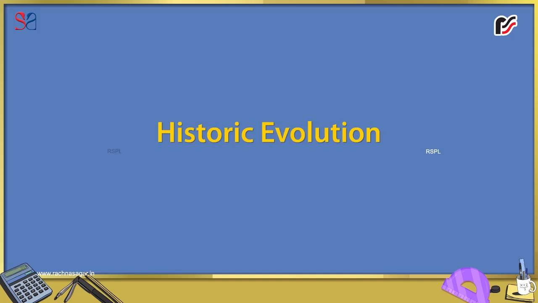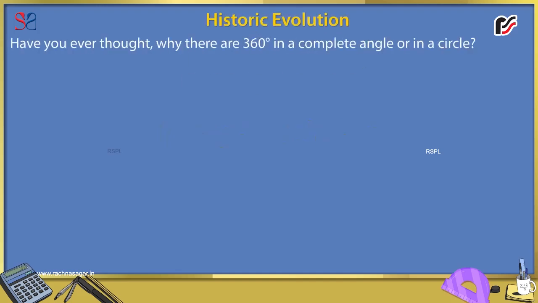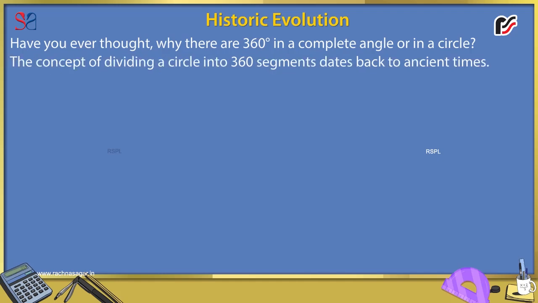Historic evolution. Have you ever thought why there are 360 degrees in a complete angle or in a circle? The concept of dividing a circle into 360 segments dates back to ancient times.